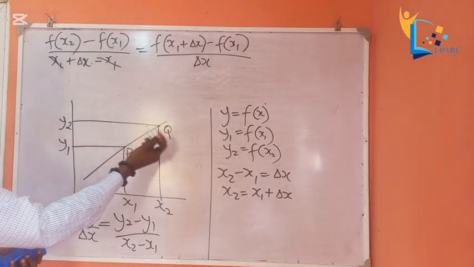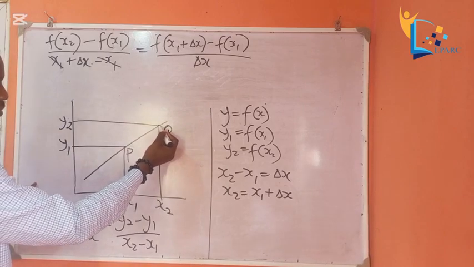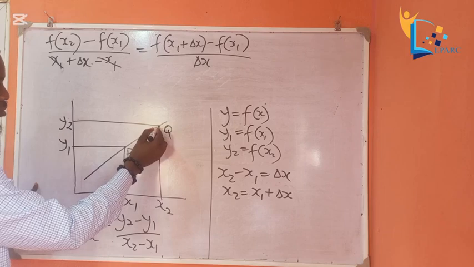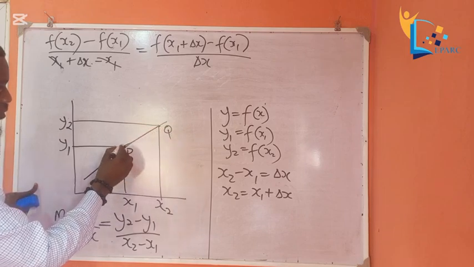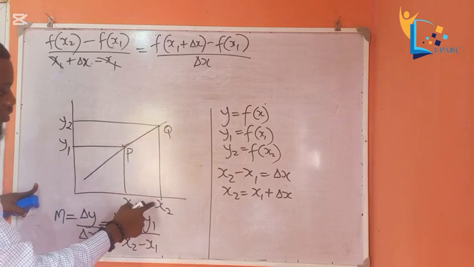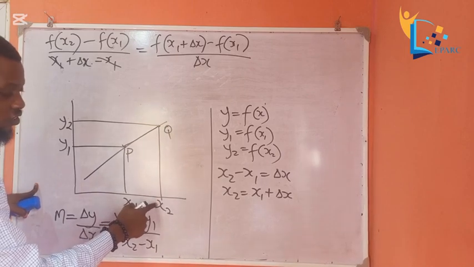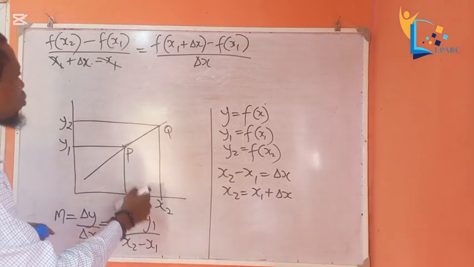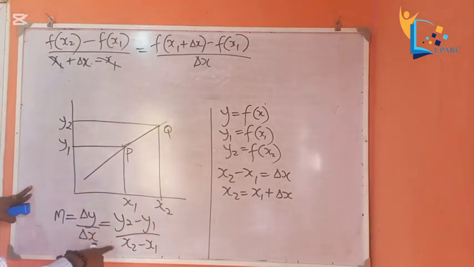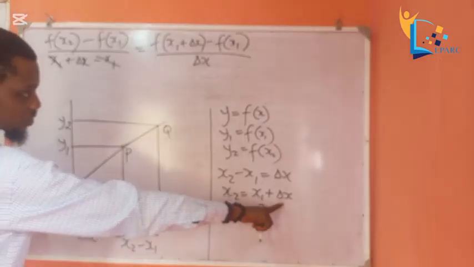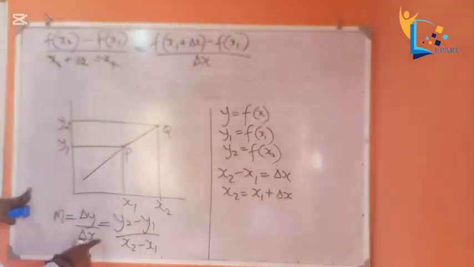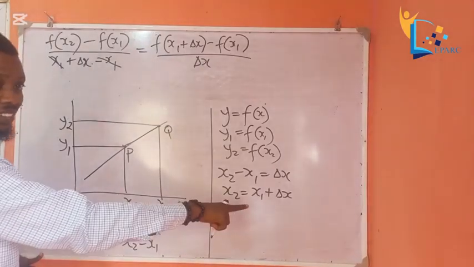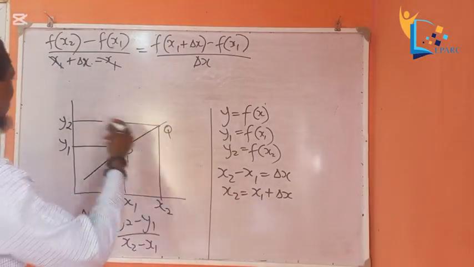Now, when this point draws closer to this point, the change in X tends to 0. At that point, the limit is set at 0 to give us a more accurate result.